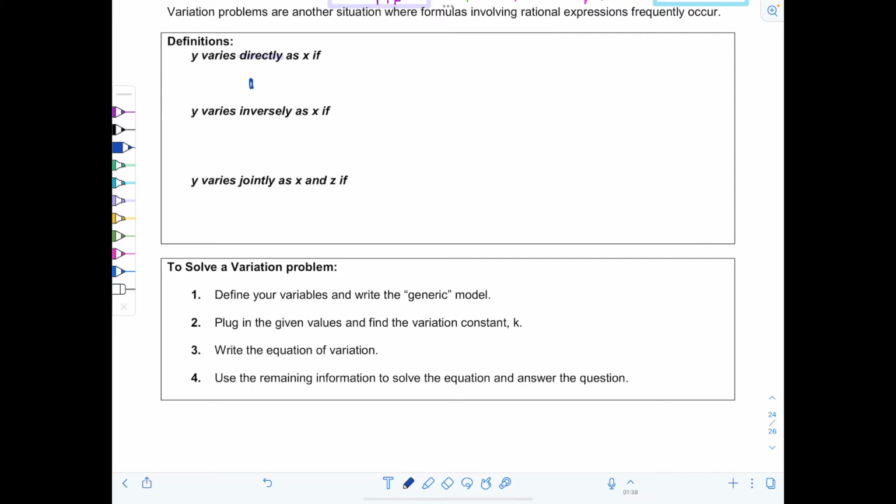So if as x increases, y does also. And you could write or express the relationship between these two variables using the formula y equals k times x. And k is our variation constant.